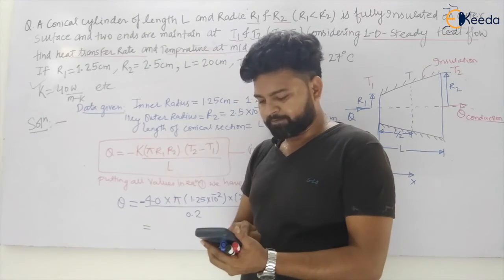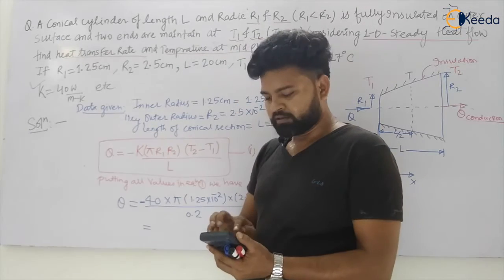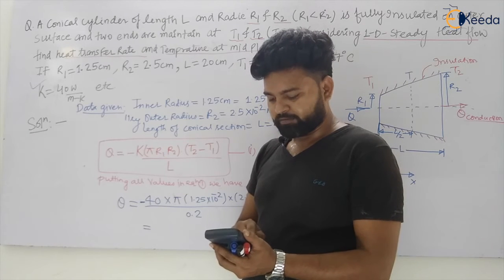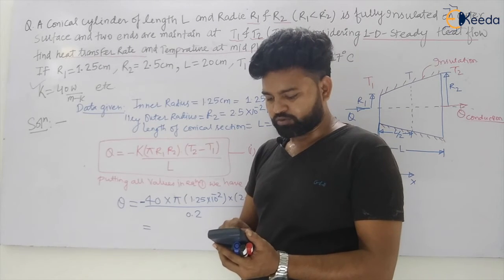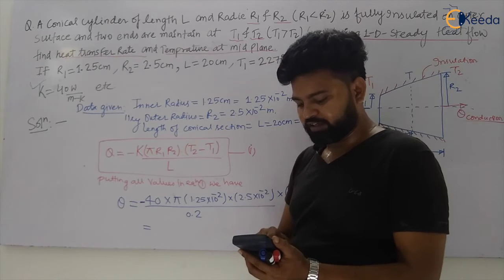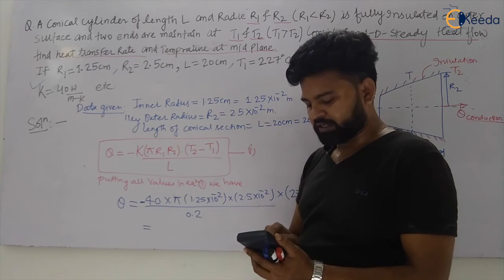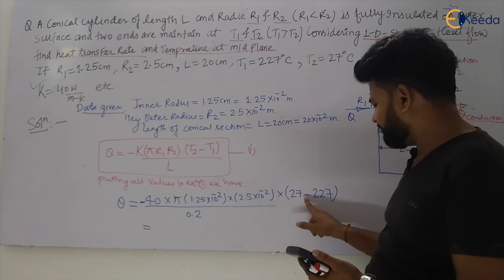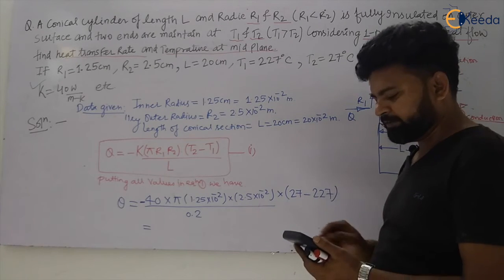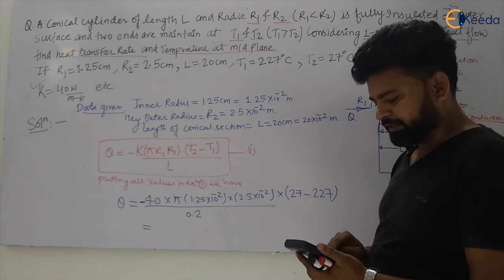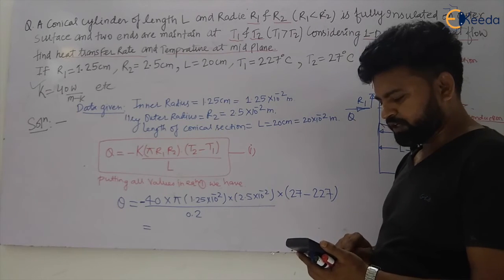This is your 40 multiplied by pi multiplied by 1.25 into 10 to the power minus 2 multiplied by 2.5 into 10 to the power minus 2 and multiply by 227 minus 227 will become minus 200 multiplied by minus 200 divided by 0.2.